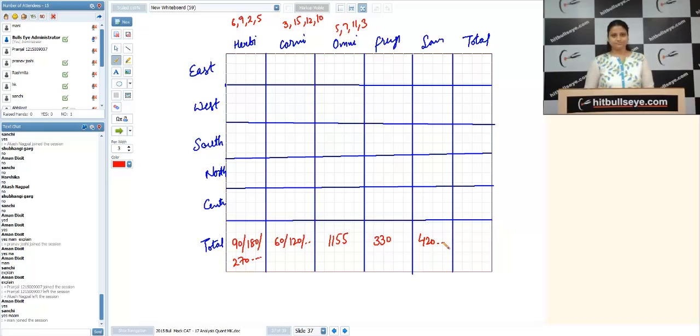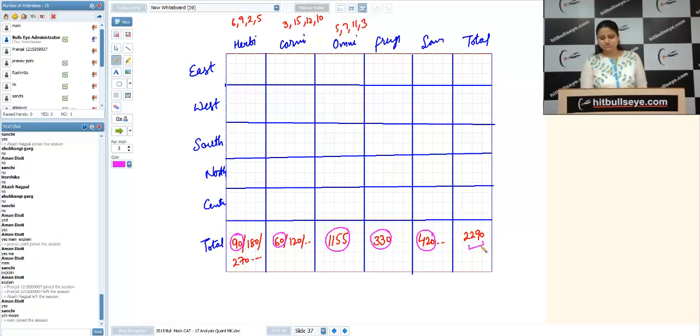Now what should be the total here? The question says, in total, the zoo can support a maximum of 2290 animals. So if I take the total of the minimum things, that is 420, 330, 1155, 60 and 90, we'll be left with 235, that is the balance.